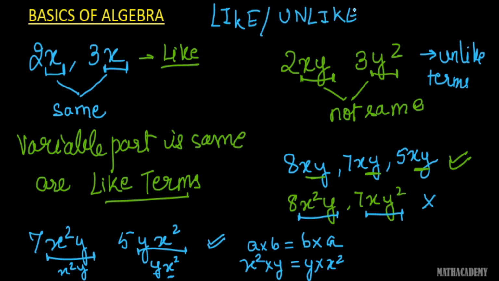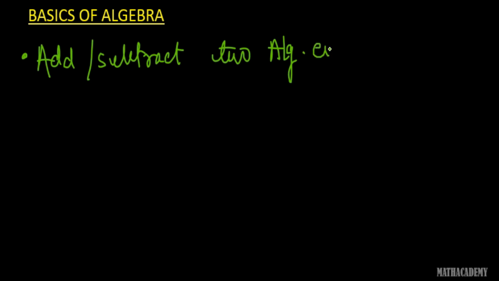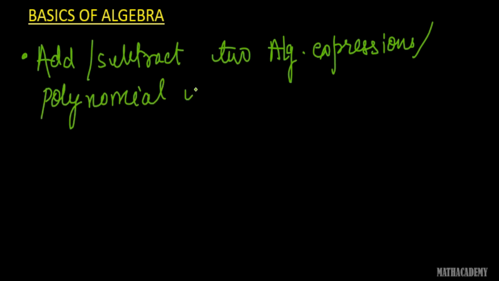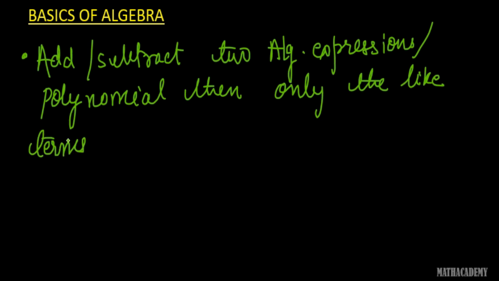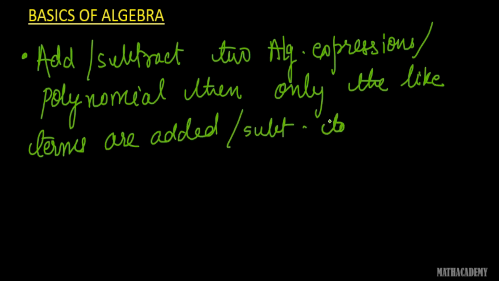Now, when do we use the concept of like and unlike terms? Whenever we have to add or subtract two algebraic expressions or polynomials, only the like terms are added or subtracted to each other.